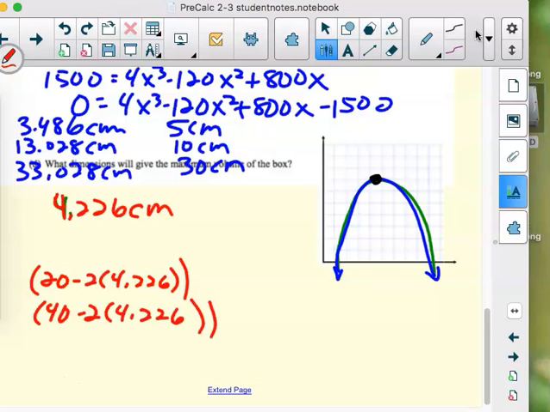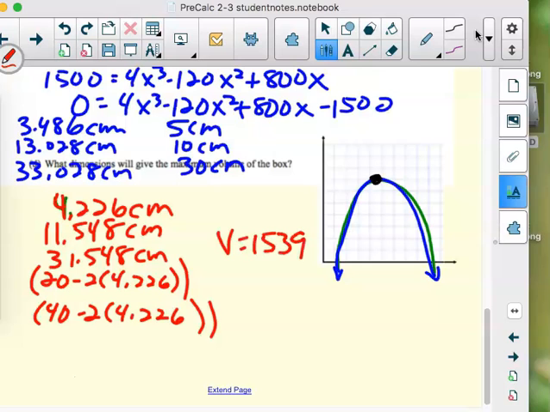But to save time here, I'm just going to go ahead and give you those other two dimensions: 11.548 centimeters and 31.548 centimeters. And that would maximize the volume at 1,539.601 cubic centimeters.